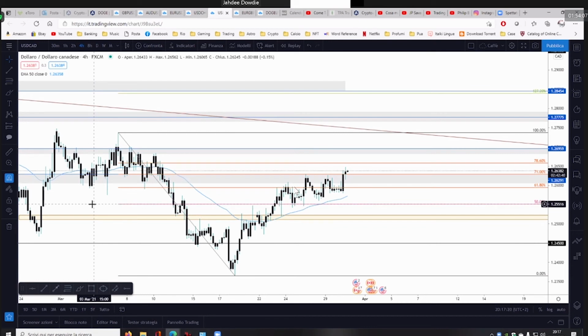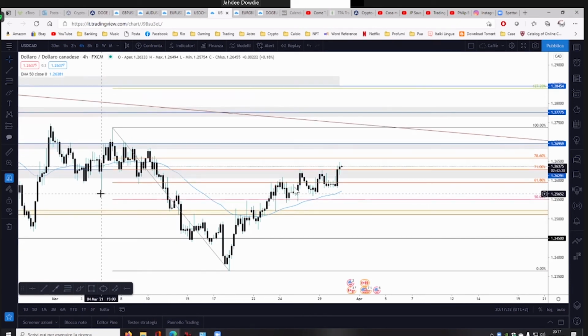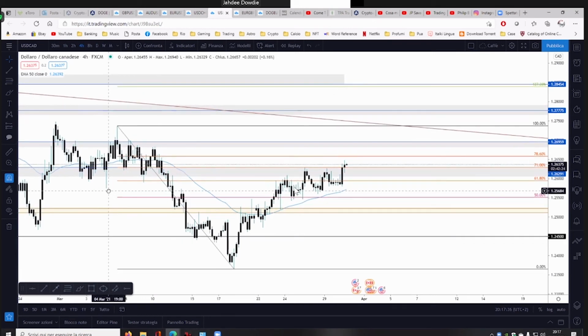I'm only really looking for rejections of support or resistance, things like that. I'm not going to use Fibonacci where there's 7 different key areas. So it's better to use this just in confluence with different things.